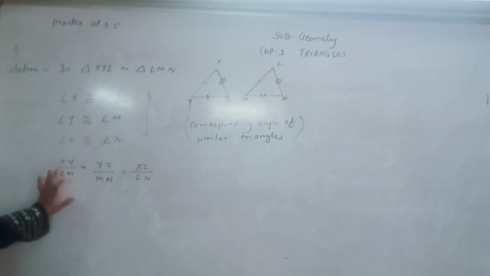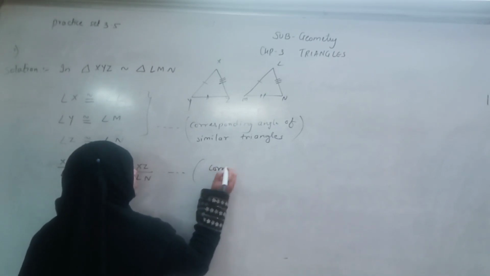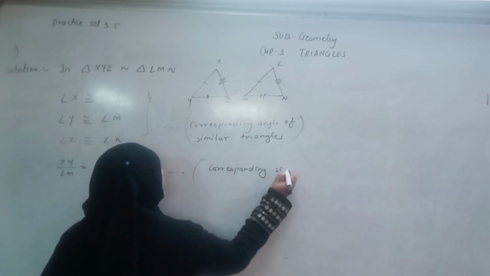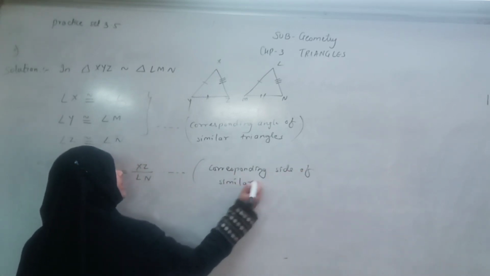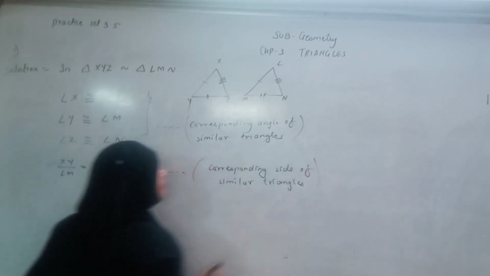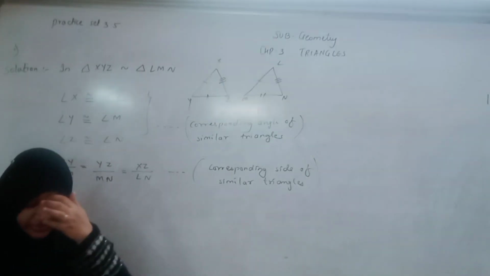This is a side ratio. So write the reason also: corresponding sides of a similar triangle, right? Not congruent. Okay? It is a similar triangle. So that is our question. Understood? Come on, do it fast.